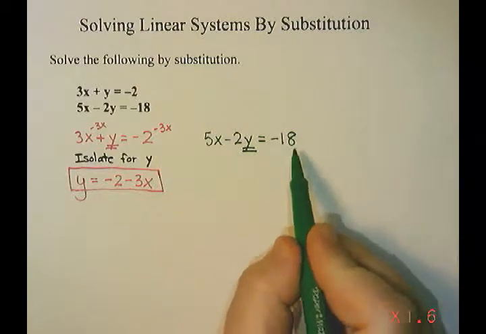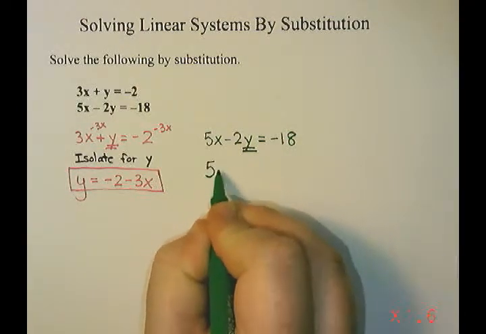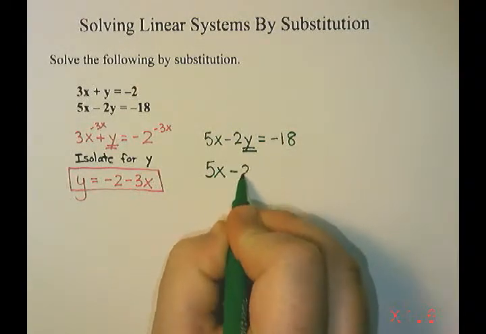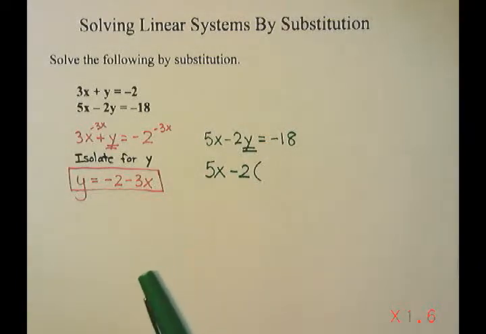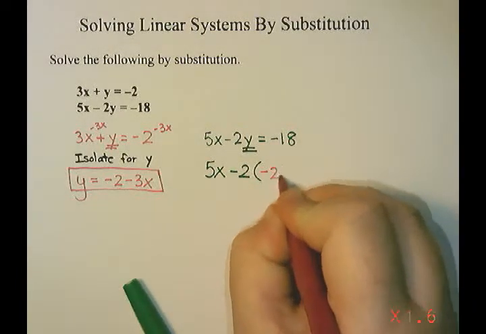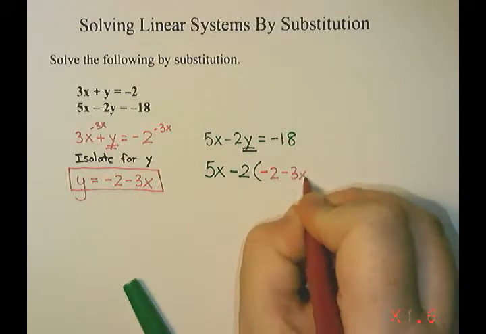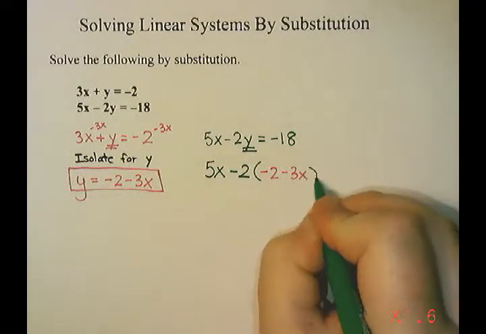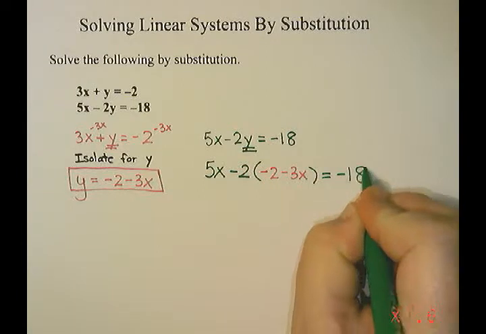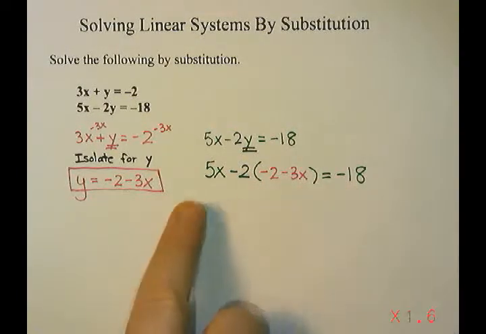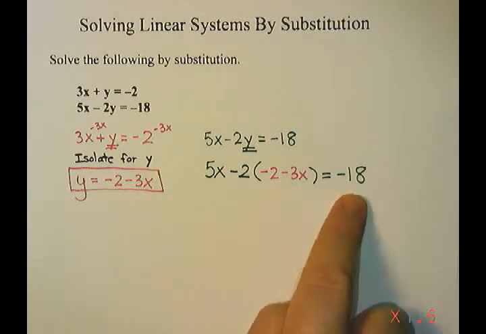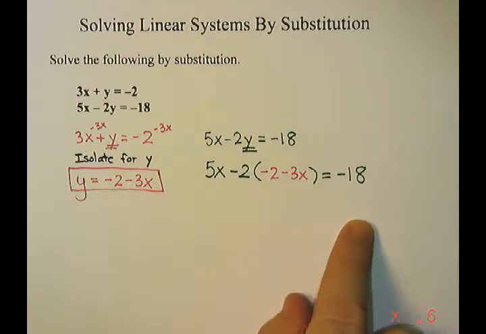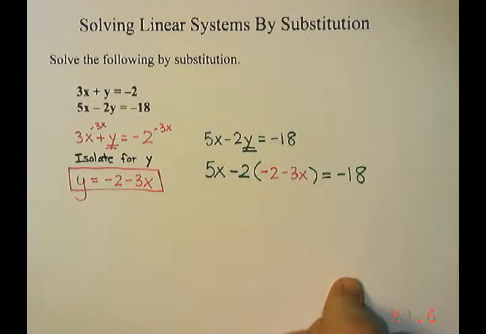So I'm going to leave the 5x, but in place of y, I'm going to put in -2 take away 3x. And now if I look at this equation, all I have are numbers and x's. I don't have any y's left, which means I now have an equation that we can solve.